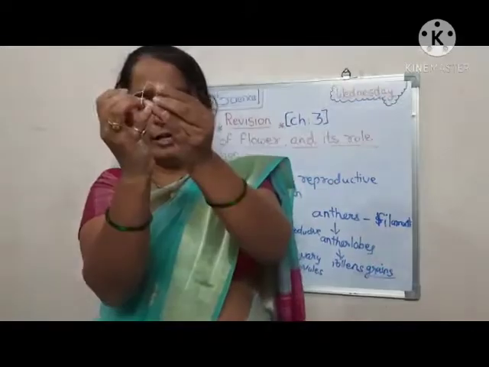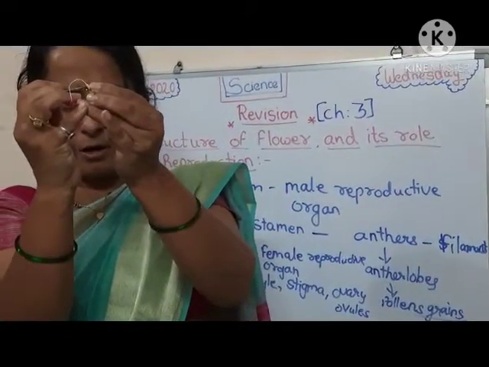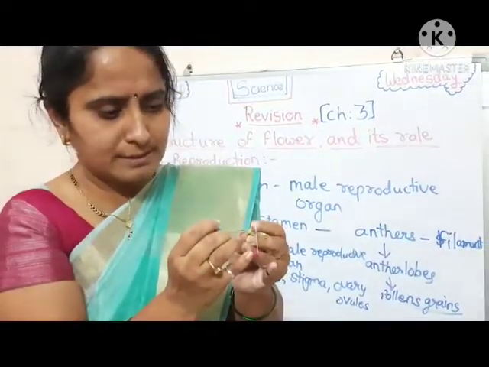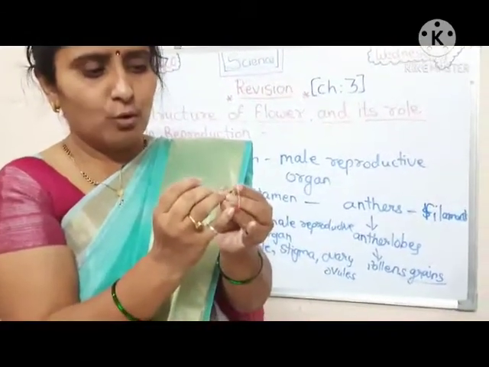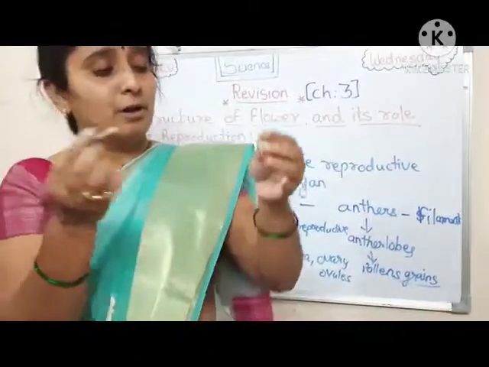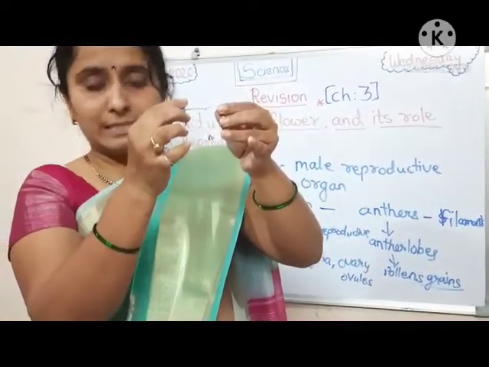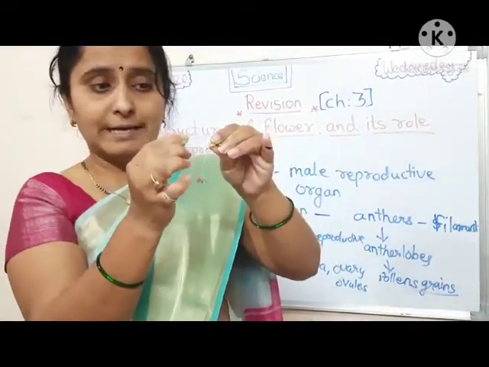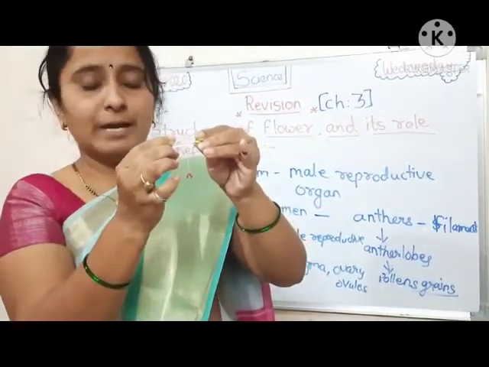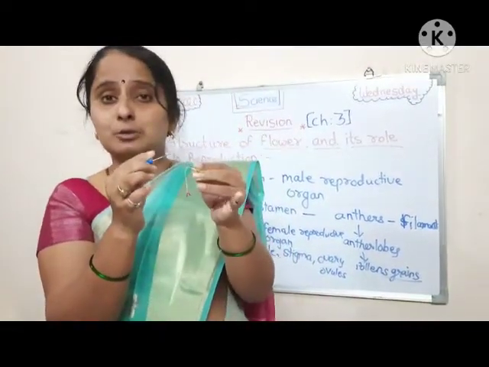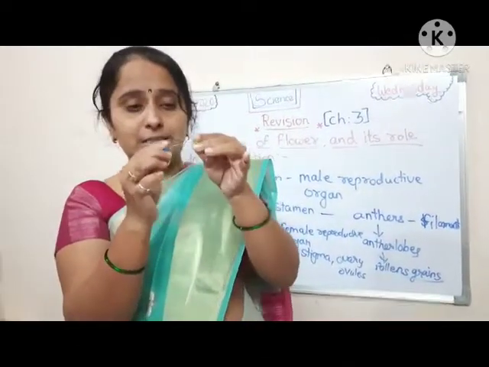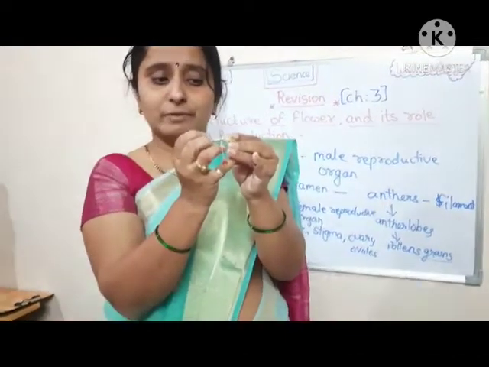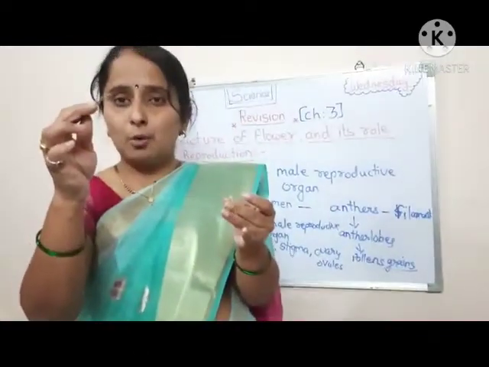If it is given a sharp cut, you will see very tiny ovules inside it. The pollen grains get converted into male gametes, travel through the pollen tube and fuse with the ovules, and they form the zygote. This process is known as fertilization. Afterwards, the endosperm develops, with the formation of fruits and seeds inside it. You can see these tiny ovules here.